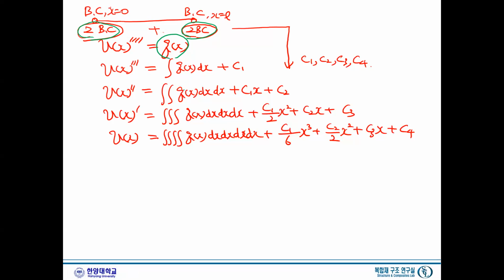Let's use this procedure to solve a very simple beam case.